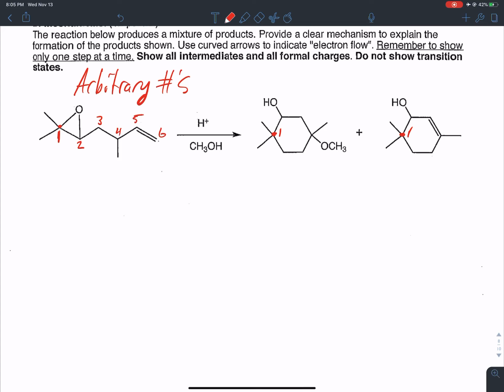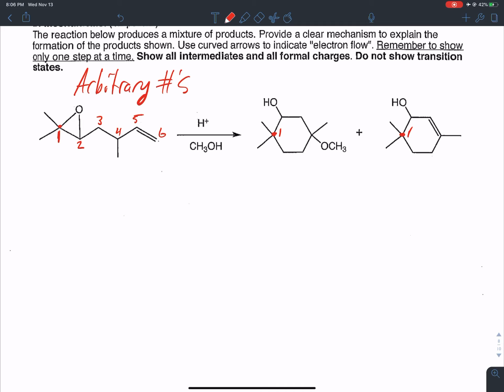Okay. Here's something for you. We have an epoxide on carbons 1 and 2. Looking at carbon 1 on the product, do we have an alcohol anywhere? No. So where would this epoxide have gone? It's going to turn into an alcohol, right? When you open it, it's going to turn into an alcohol.